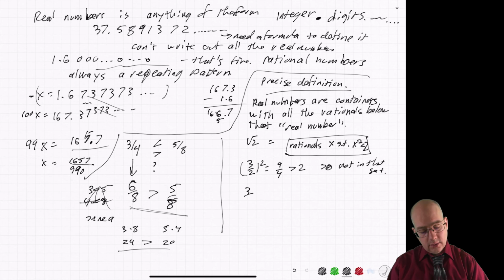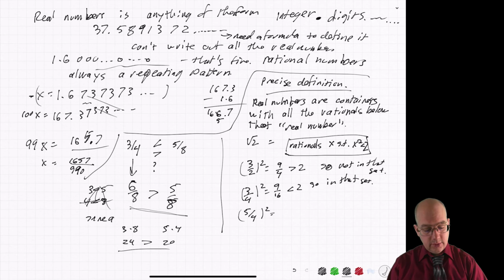Let's say 3/4 squared, it's 9/16, which is less than 2, so in that set. 5/4 squared is 25/16, which is also less than 2, so it's in that set.